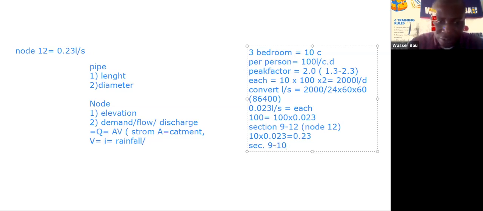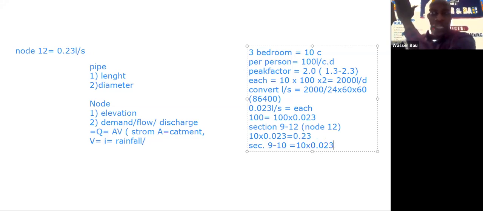Another 10 houses. Therefore, that will be 10 houses here, 10 times 0.023. 0.023 means the discharge for one house. We've already factored in the safety factor, the number of persons in the house, and the specific water demand per person.